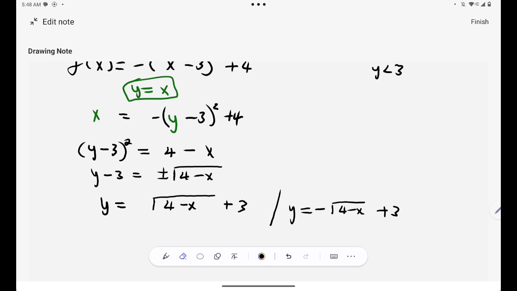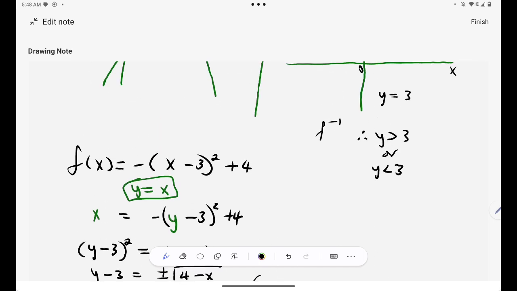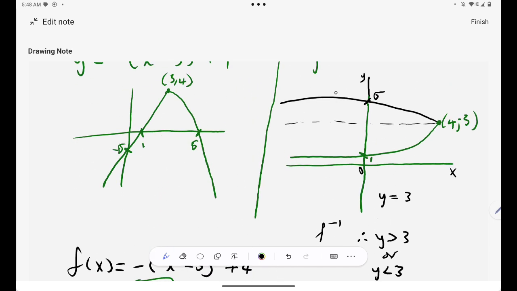If it's plus, you don't have to indicate the sign. So my graph will either look like this or like this. Since we have drawn our two graphs, the top part will be the one where y is equal to positive square root of 4 minus x plus 3, and the bottom part will be the one equal to negative square root of 4 minus x plus 3.